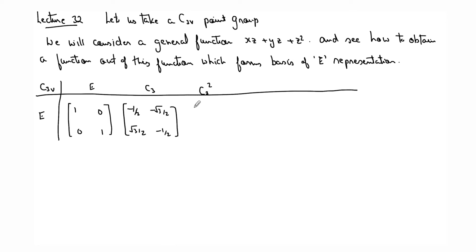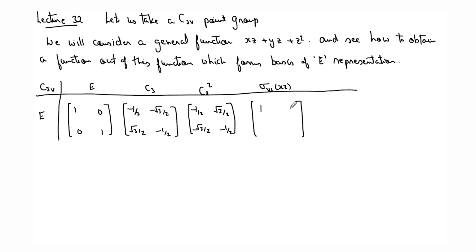For C3 square, I'm not going to show you how to do this now because we have already discussed this. C3 square is minus half, and this becomes plus, and this element becomes negative. This remains as minus half. Then we have sigma, let's say sigma v1, which is basically xz, one of the vertical planes we can take along the axis, and the rest of the two will be in the middle of the axis.